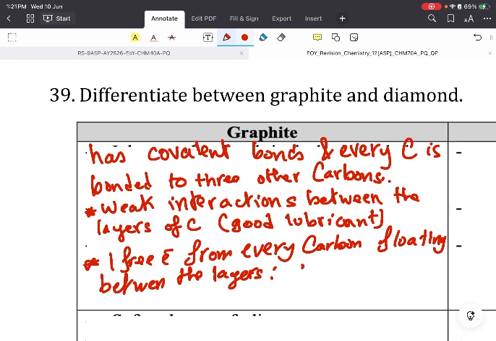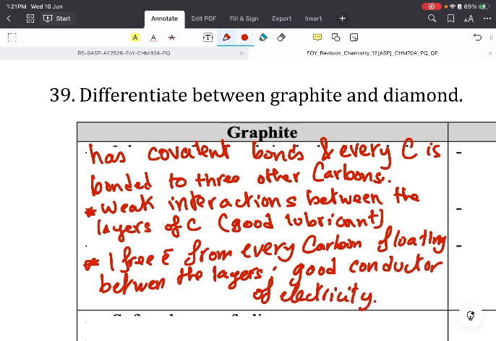That's why graphite is a good conductor of electricity.